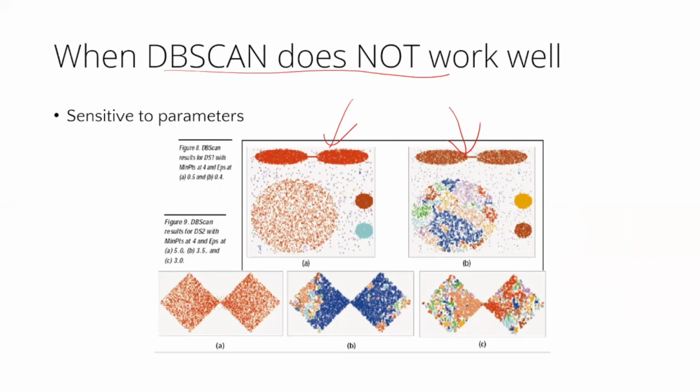As you can see, this big circle is nicely classified in the example on the left-hand side. But depending on how you define the neighborhood and the min points, this big circle may end up scattered into smaller fragments. So that's a limitation of the DBSCAN algorithm.